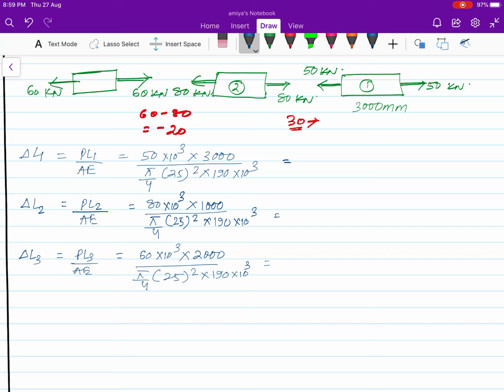So if we evaluate this, del L is equal to del L1 plus del L2 plus del L3.